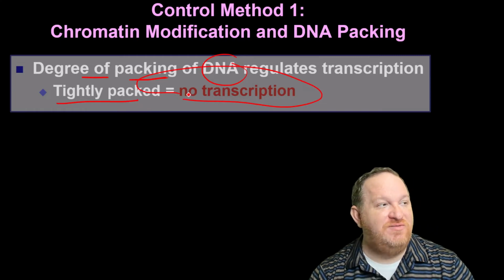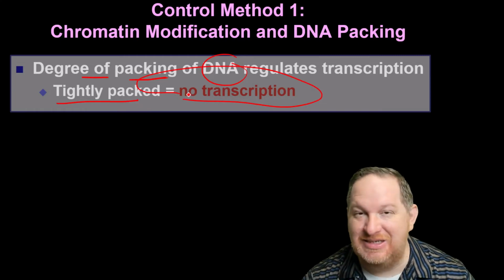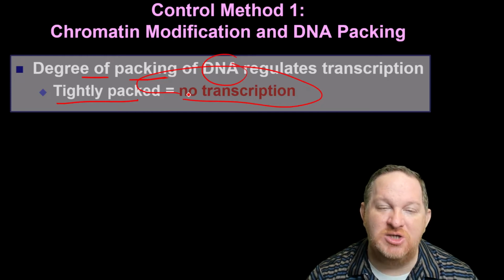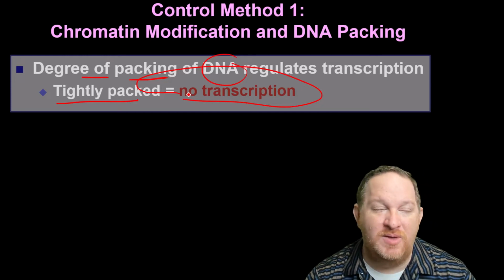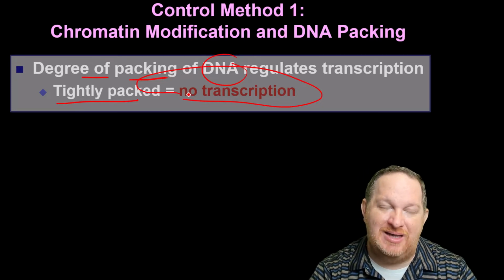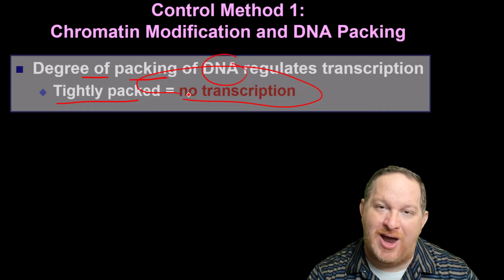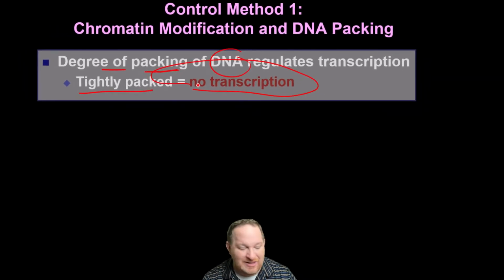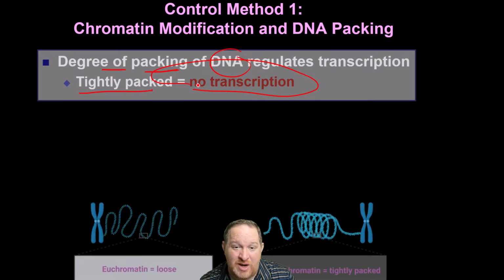If you think of you wanting to access something, maybe you need to access a certain book. Well, if you've got all these books thrown in some big room together and they're packed really tightly, you might not be able to access that book or access those recipes. So if everything is really tightly packed, you can't even get to the recipe.